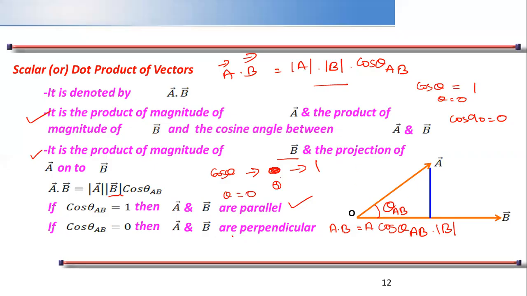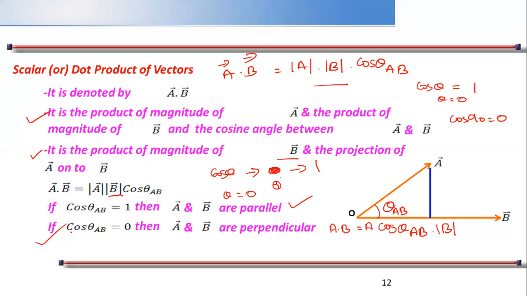If A and B are perpendicular, even if you project, the angle will be 90 degrees, which means it will be 0. So this is the basic idea. Dot product is the magnitude of the projection of A, that is A cos theta AB, in the direction of B, times mod B.